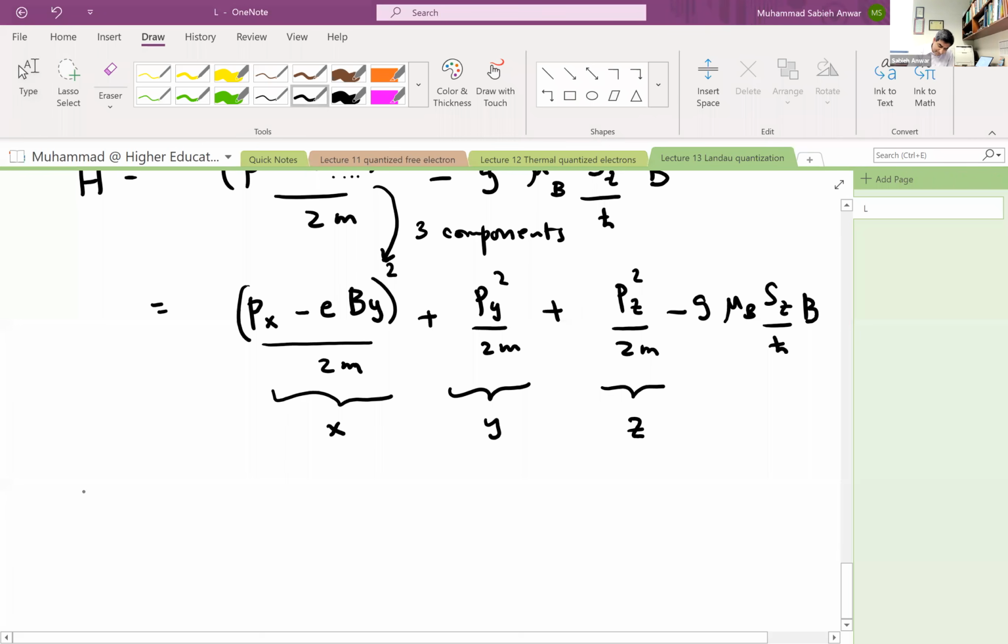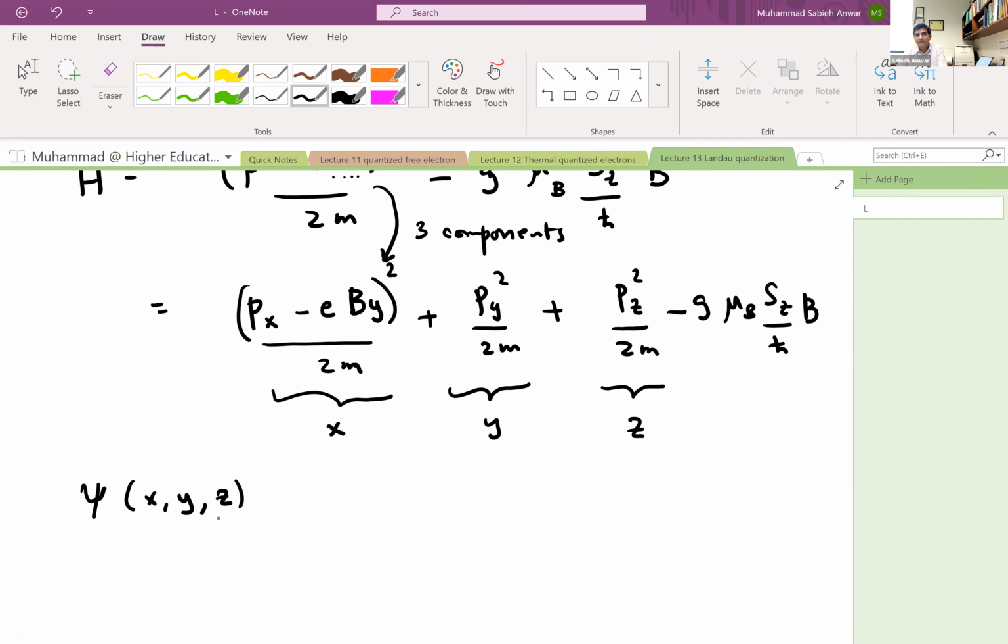So now let's look at this Hamiltonian. My trial solution will be a function of x, y, and z. Now what you will observe here is that I could write down my trial solution, or my ansatz, in the following fashion.